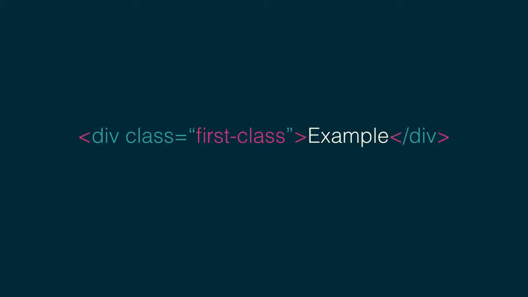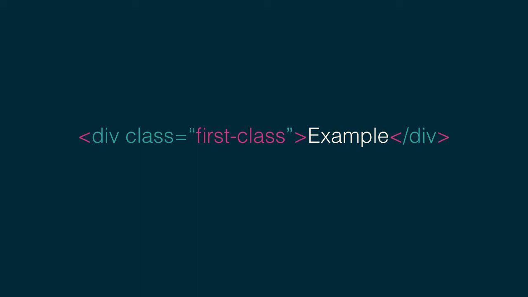So the class attribute, it's just like anything else. You're kind of like, oh great, style equals, now it's class equals. What's the difference? Well, if you give a class to an element, a class is like something that is not necessarily unique to a site.